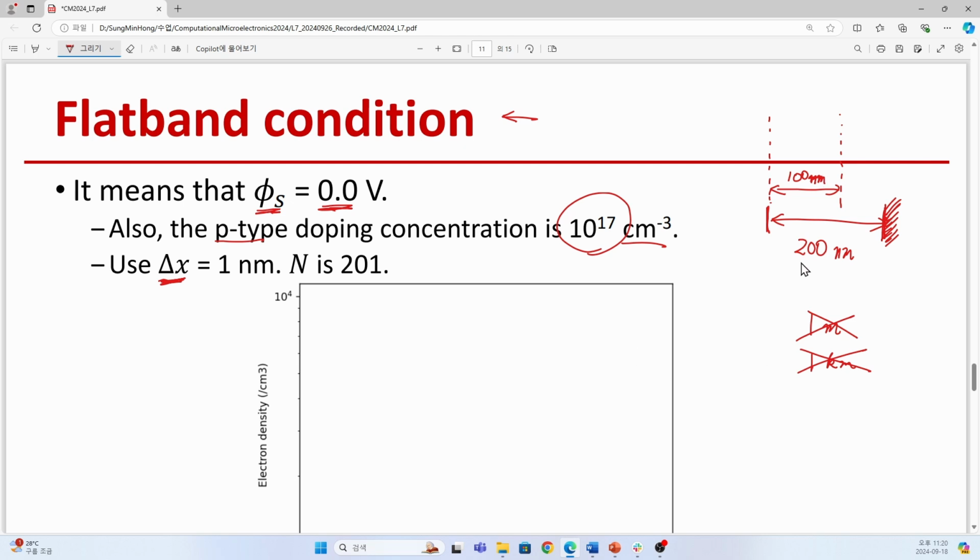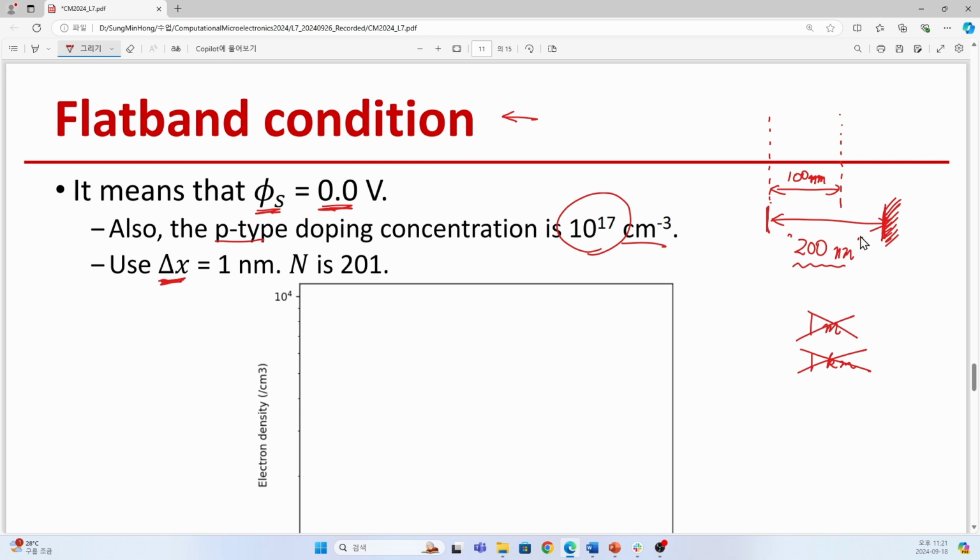So our selection of 200 nanometer is sufficiently good to describe this entire system. But how can I know that 200 nanometer is sufficiently wide? That is obtained from my experience and just a rule of thumb.